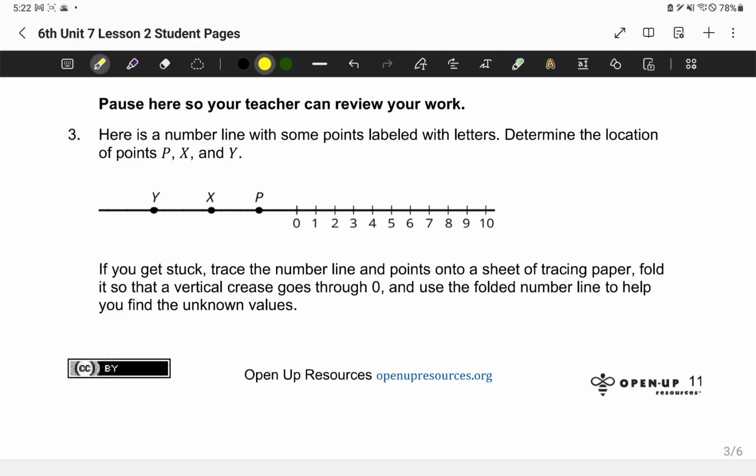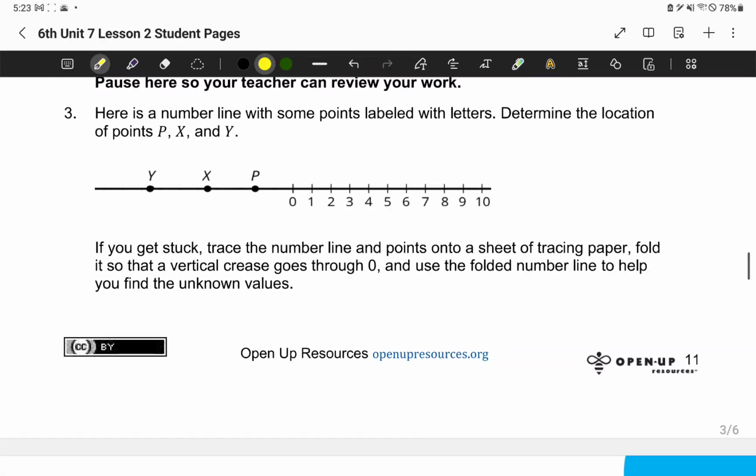So if you were to set your number line on here and measure it out, P is 2 centimeters from 0. So P is at -2.